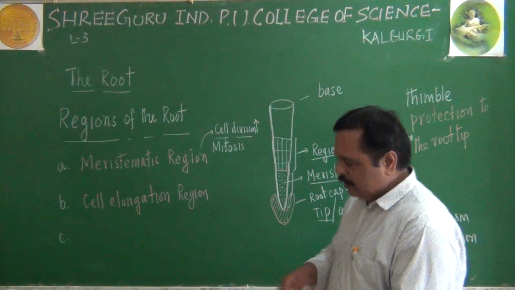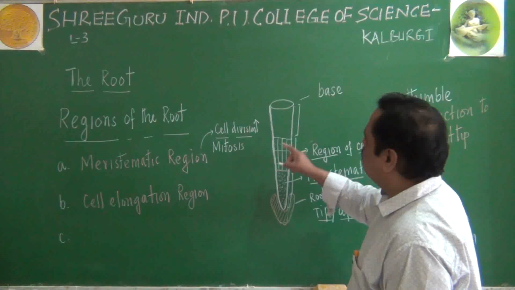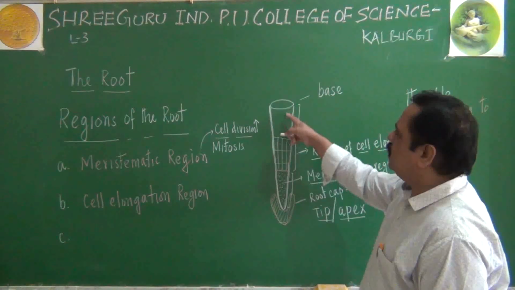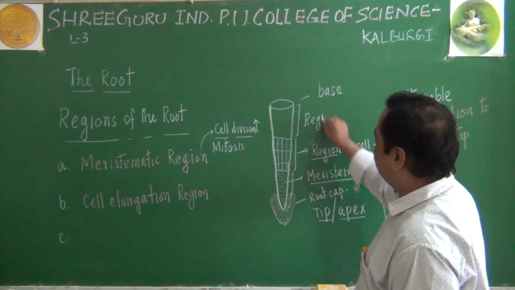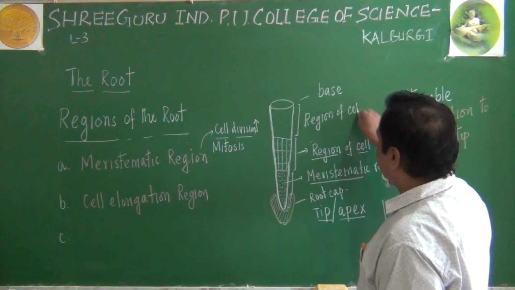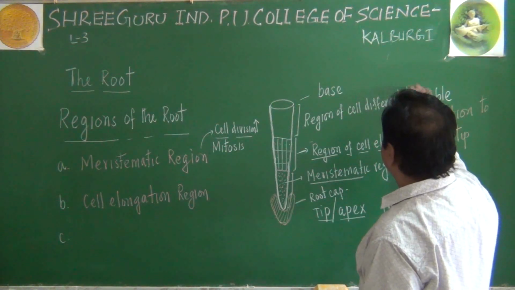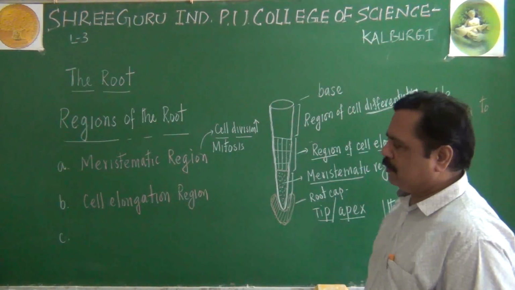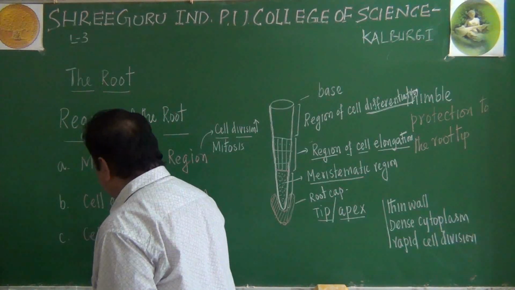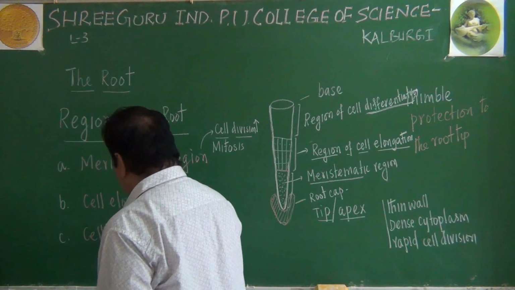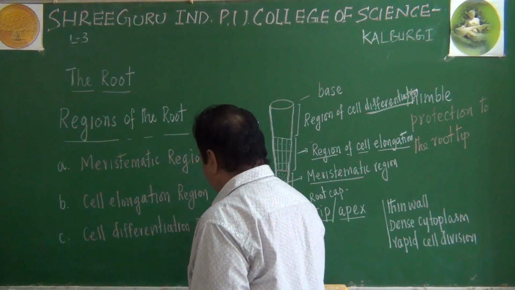Dear students, the third region is present towards the base, above this part. This is known as the region of cell differentiation. Third point I write here: cell differentiation region, it can be called. I will explain what is called cell differentiation. Now listen here.